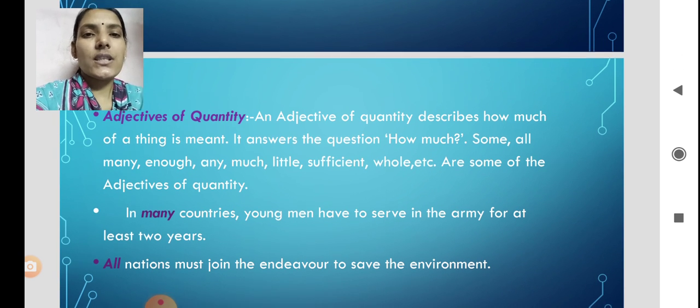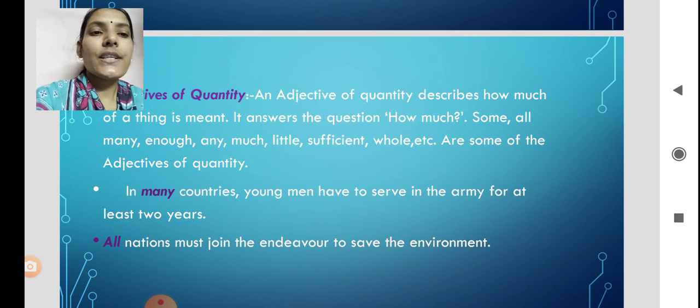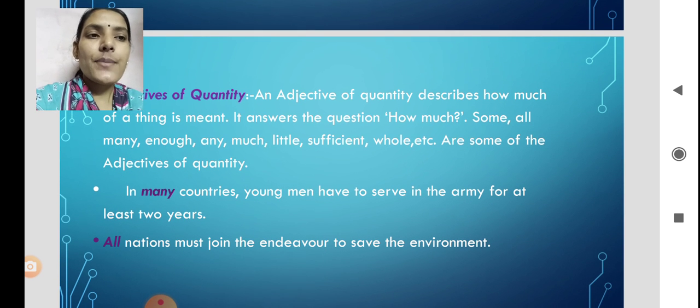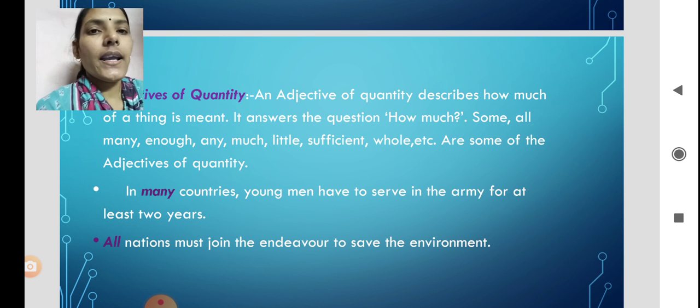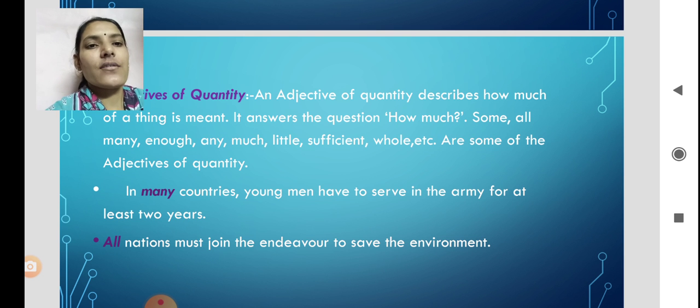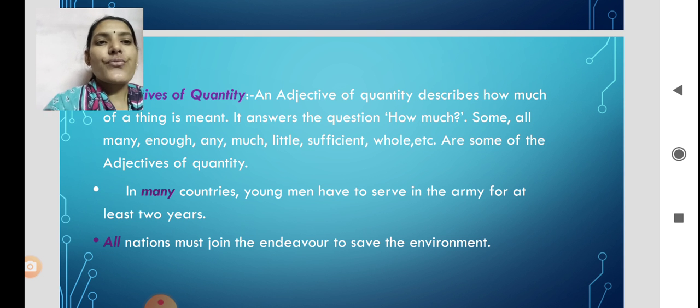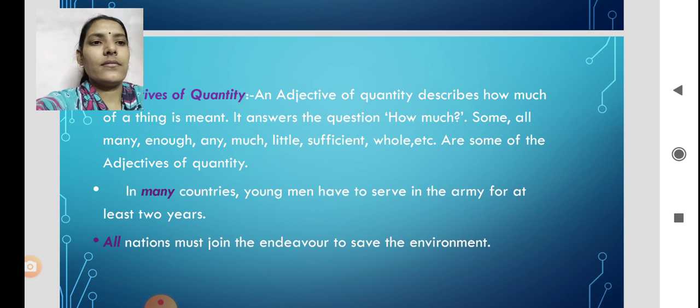Adjectives of quantity. An adjective of quantity describes how much of a thing is meant. It answers the question how much: some, all, many, enough, any, much, little, sufficient, whole, etc., are some of the adjectives of quantity.